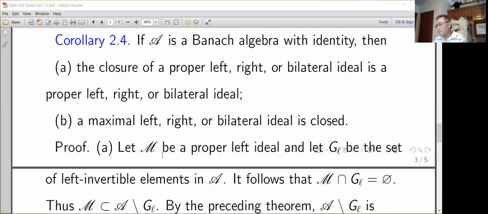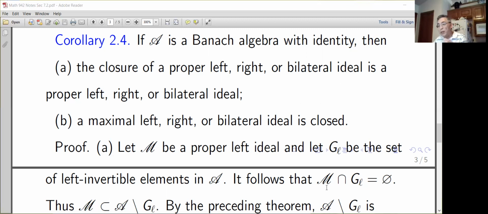Suppose this is not empty. That means M contains a left invertible element, let's say b. So b is left invertible and also in M. We are going to get a contradiction.